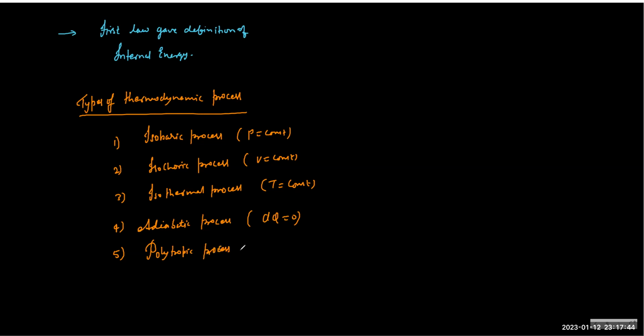So what is a polytropic process? PV to the power K is equal to constant. But what is the process?